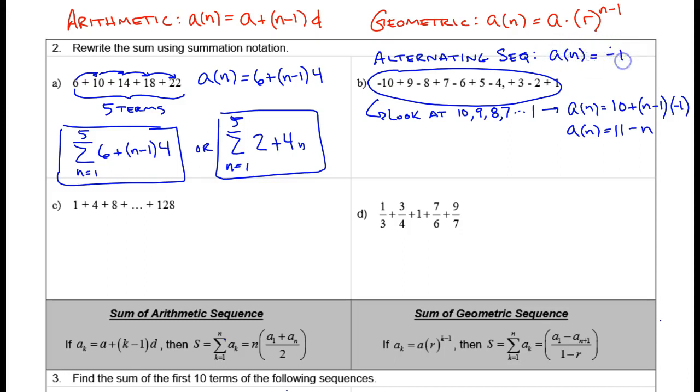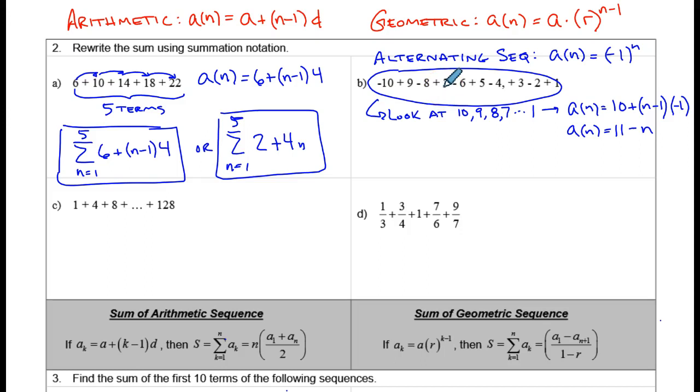That's going to be -1 raised to the nth power. When n equals 1, that's -1. When n equals 2, it's +1. So that is going to give us our alternating negative and positive. Whenever n is odd, we have a negative sign. Whenever n is even, we'll have a positive sign.